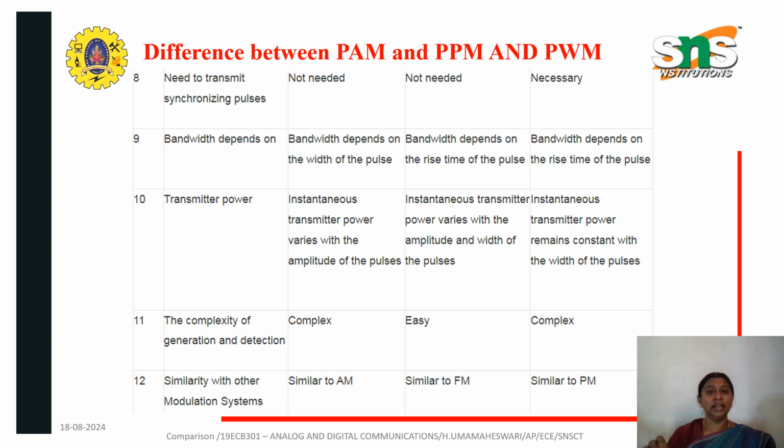In PWM and PPM, the bandwidth depends on the rise time of the pulse. The transmitter power varies with the amplitude of the pulses in PAM, and with the amplitude and width of the pulses in PWM. Here the width of the pulses remains constant. It is similar to AM, FM and PM. That is the main difference.